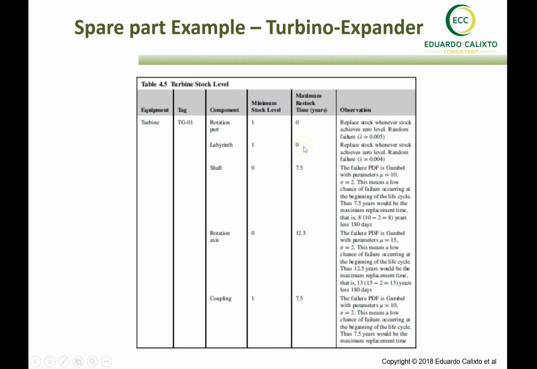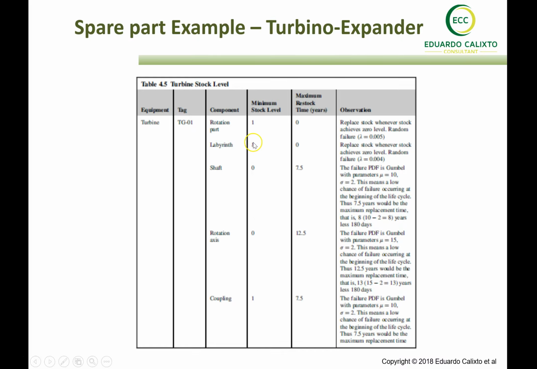Another case is the labyrinth, for example, where we have one spare part in stock and we do not have a maximum restock time. Here the policy adopted was to restock the labyrinth components whenever the spare part gets to 0. If you look at the PDF, we have a random failure as a result of lifetime data analysis, and because of that, we can have failures at any time.